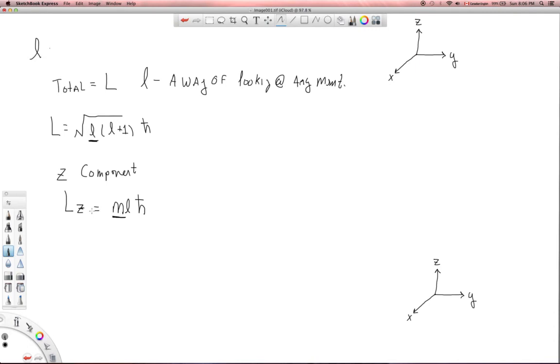And m sub l is the z component, which is a way of looking at angular momentum, but it's also sort of a way of looking at the magnetic dipole moment.